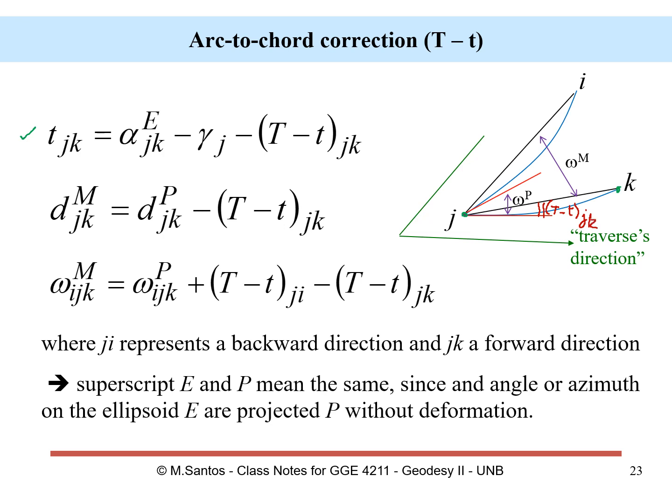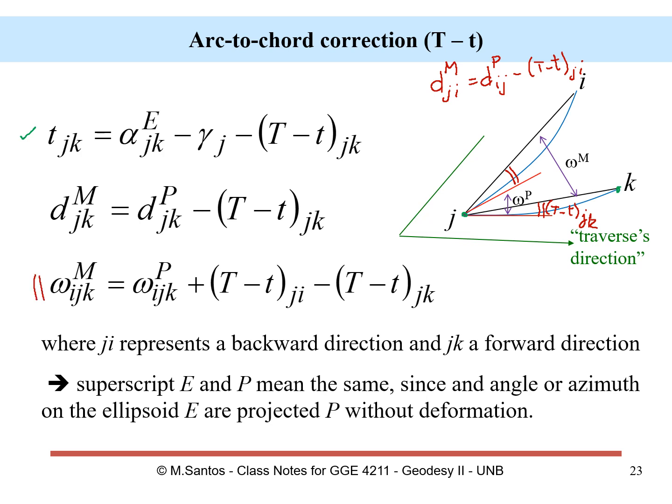If you wanted the direction on the mapping plane between J and I, it would be the direction that was measured on the ellipsoid, which is the same as the projected, projected without distortion, minus T minus t of points J and I. What about the angle?